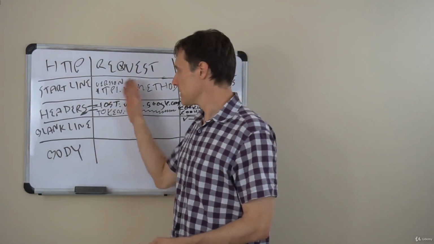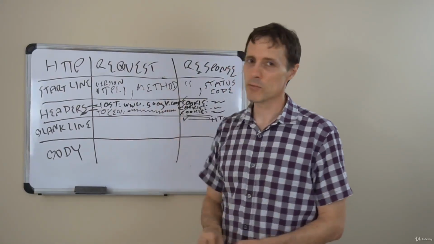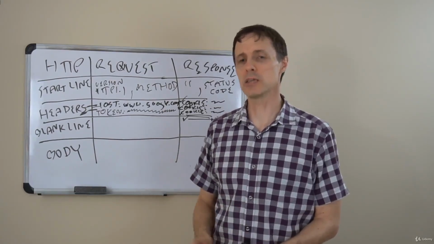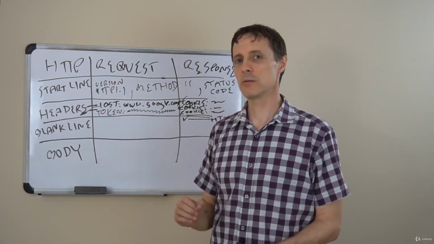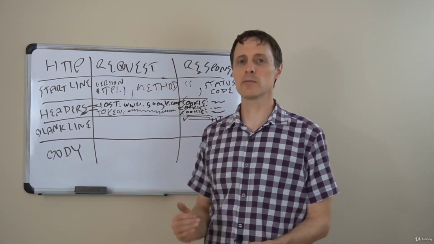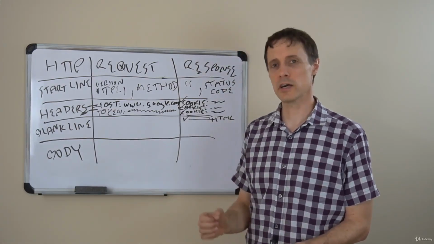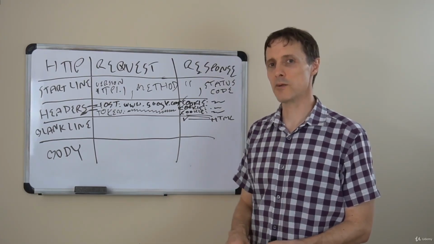So what's in the body when sending a request? Well, if we're using the get method where we're just getting information, nothing is in the body. But let's say we're using the post method where we're creating information. For example, let's say we're creating a new email account where we specify our username, we specify our password.